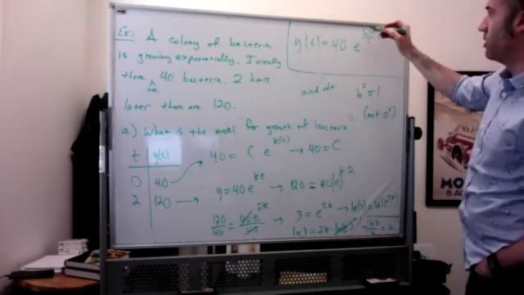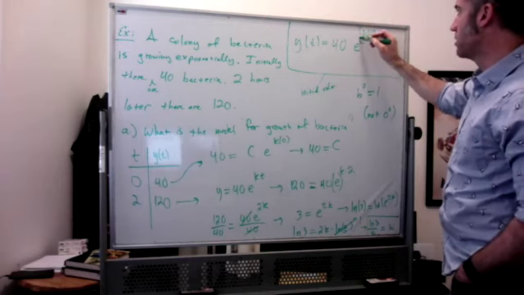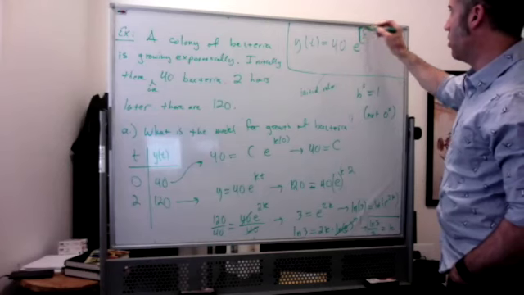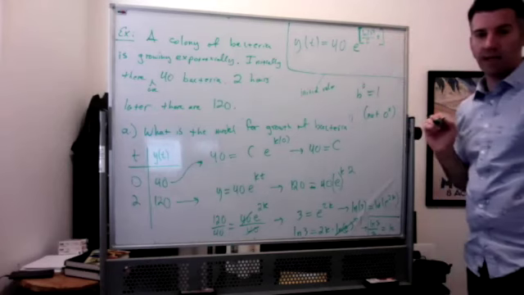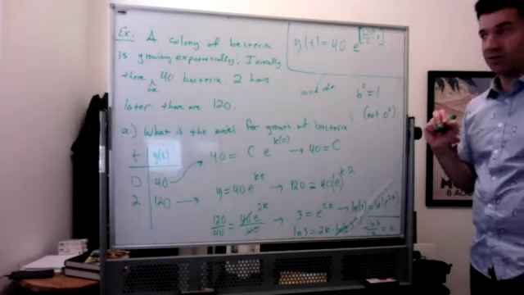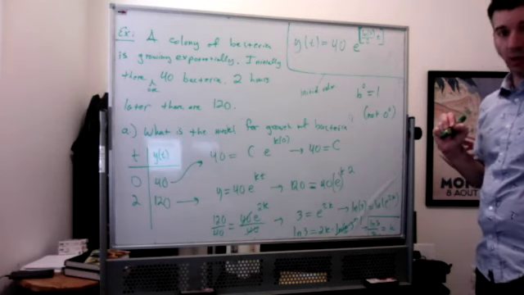I often like to put this in brackets, just so that I know that, oh yeah, it's all of this as the exponent of e. So there's our model. Great.